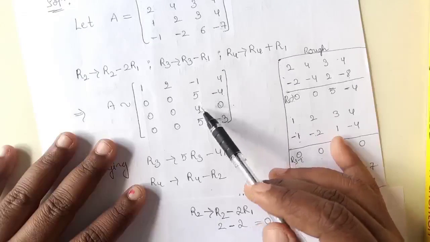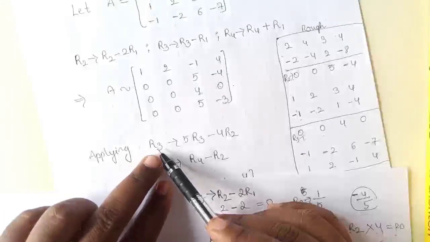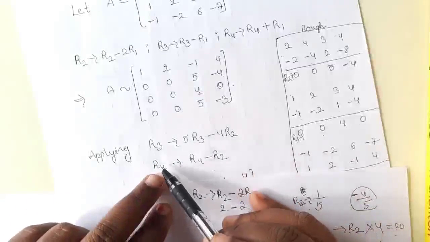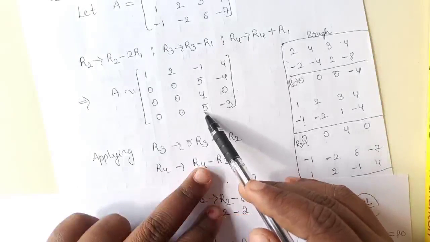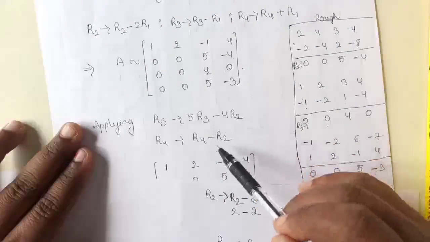So 4 into R2, 5 into R3. That is, R3 becomes 5 into R3 minus 4 into R2. Similarly for R4, because these two are the same, we can directly subtract R4 minus R2. So 5 minus 5, you will get 0.